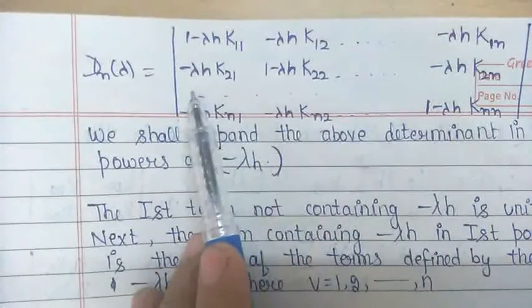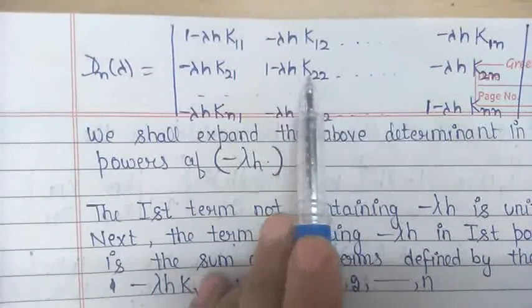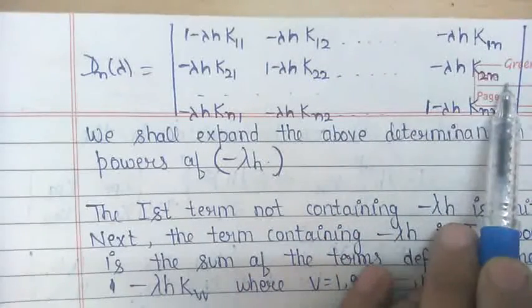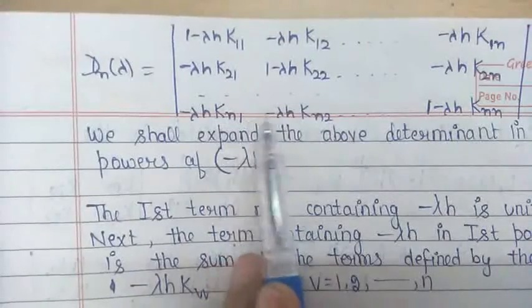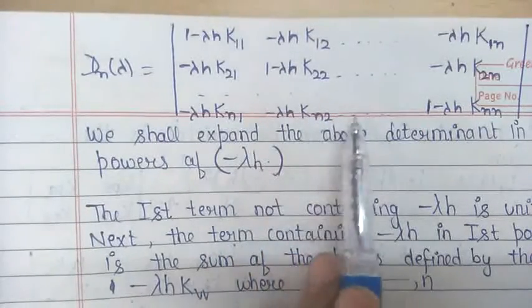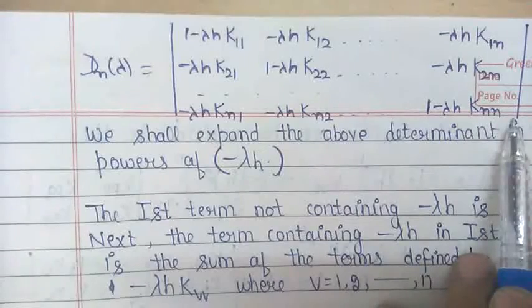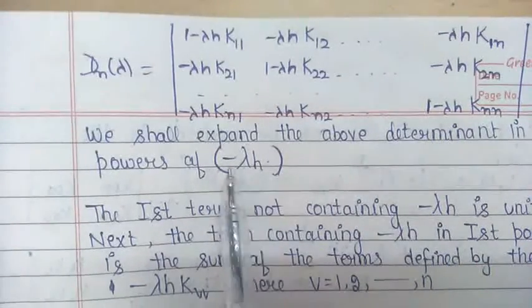In the second row we had minus lambda h k21, 1 minus lambda h k22 and so on, minus lambda h k2n. In the last row we had minus lambda h kn1, minus lambda h kn2 and so on, 1 minus lambda h knn. Now let us expand this determinant in the powers of minus lambda h.